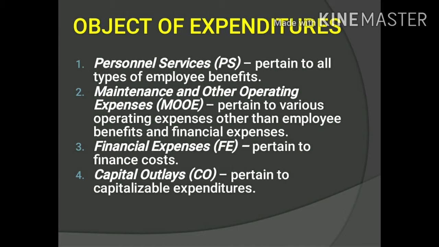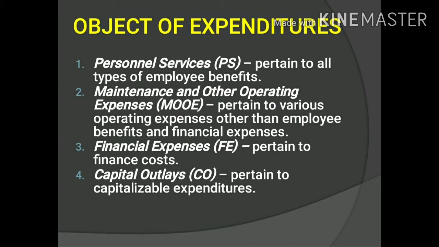Maintenance and other operating expenses, MOOE, pertain to various operating expenses other than employee benefits and financial expenses. It is the budget of the government to cover its day-to-day operations. These are expenses for supplies and materials, transportation and travel, utilities, water, power, etc., and the repairs, etc.